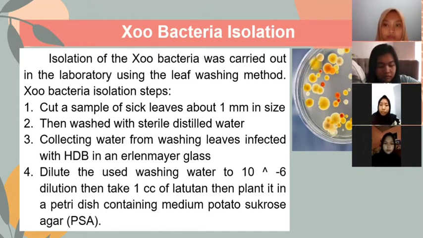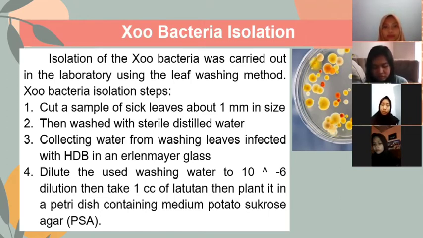Xoo bacteria isolation. Isolation of the Xoo bacteria was carried out in the laboratory using the leaf washing method. Isolation steps. First, cut a sample of sick leaf about 1 millimeter in size. Second, wash with sterile distilled water.